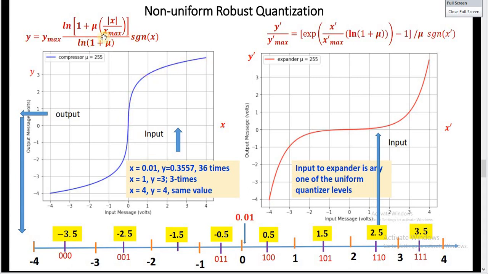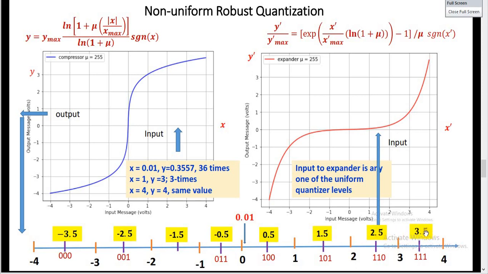The output of this compressor is applied to the uniform quantizer. The output of the uniform quantizer will be any one of these values. These are the possible outputs of the uniform quantizer.